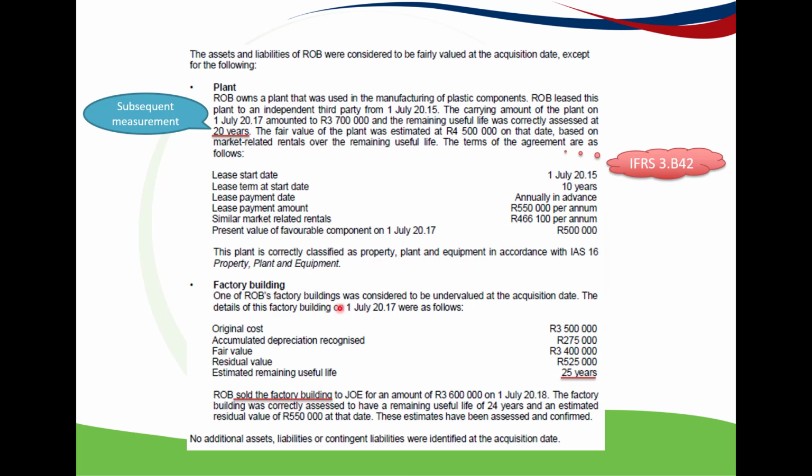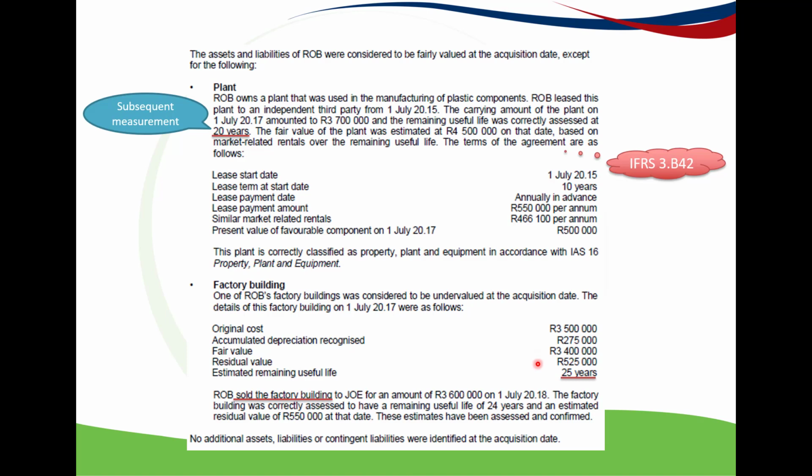Then for the factory building, one of Rob's factory buildings was considered to be undervalued at the acquisition date. The details of the building were as follows. We have the original cost and the cumulative depreciation recognized. So we know the carrying amount would be 3,225,000. The fair value 3.4. So we know that there will be a fair value adjustment at the acquisition date.